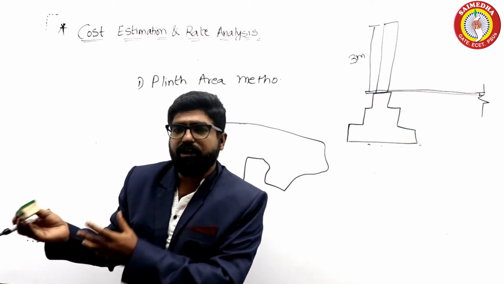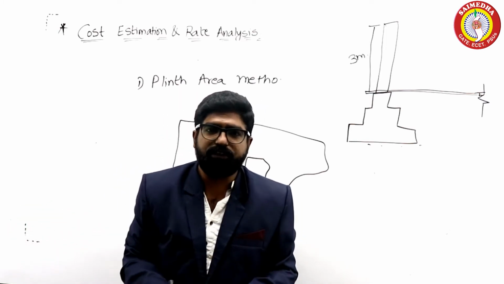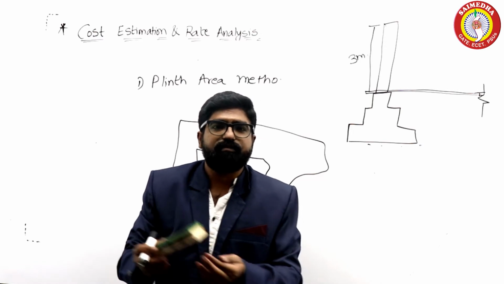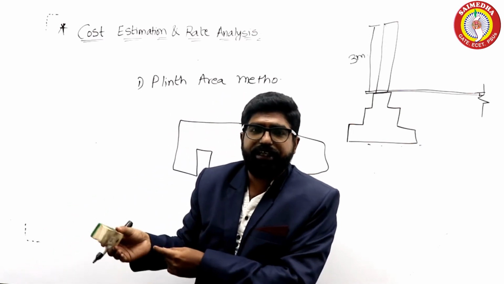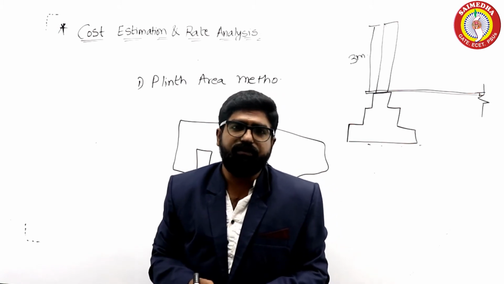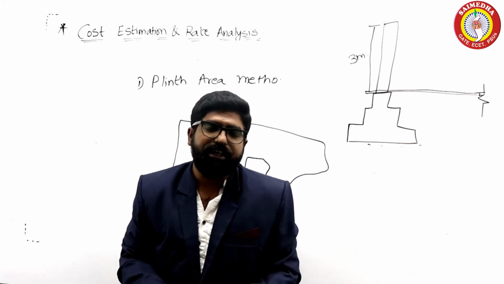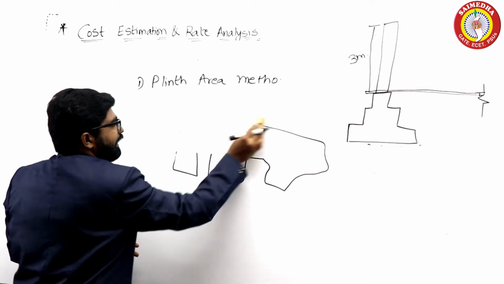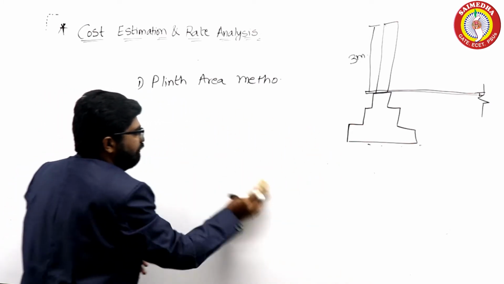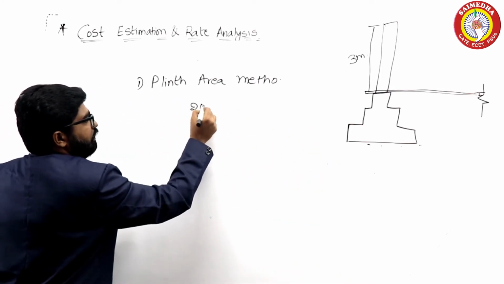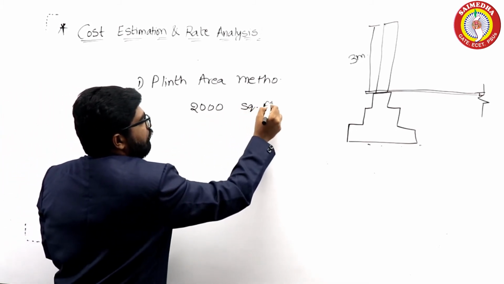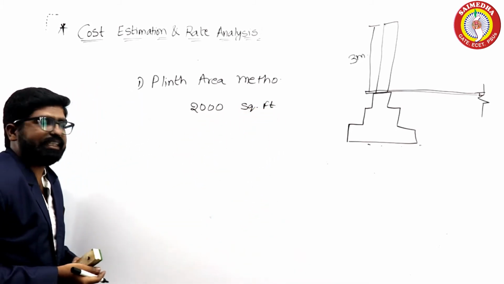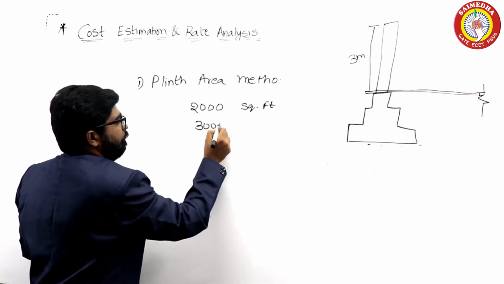So how will you determine the cost of your house? Plinth area into rate per unit area gives your overall cost of the building, right? Let me give you an example. The plinth area of a house is 2000 square feet and each square foot costs 3000 rupees.